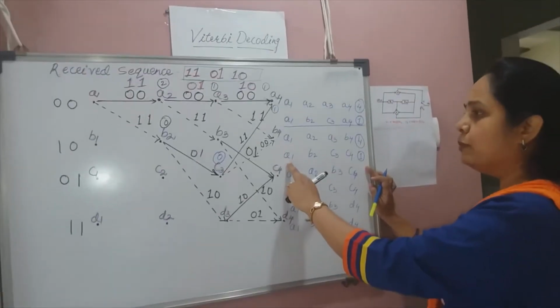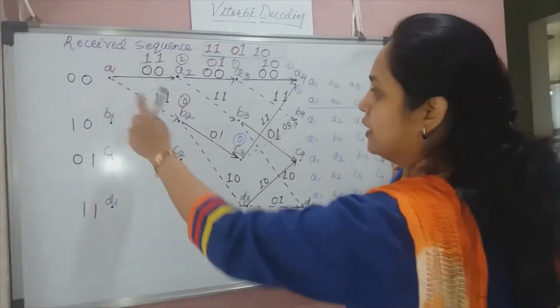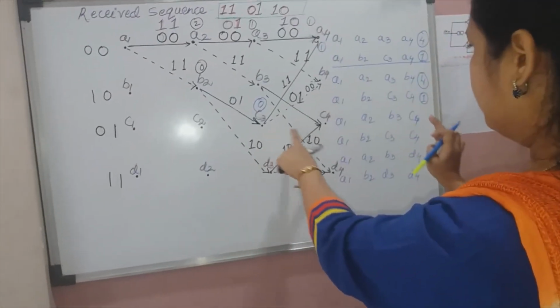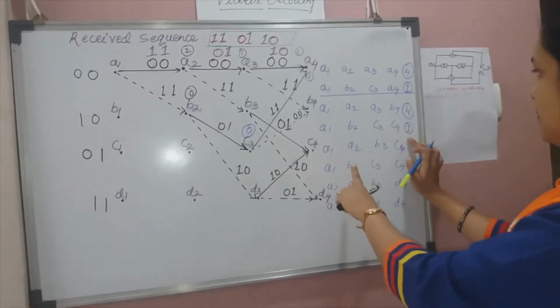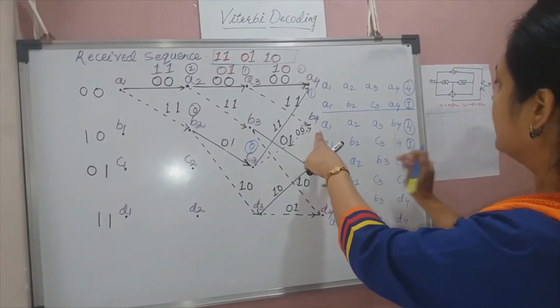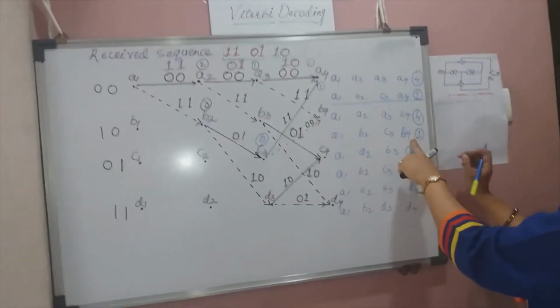For example, if we see that the second row has the weight of 1, let's check the weight of the fourth path once again, A1, B2, C3 and C4. Sorry, here we have to write B4. A1, B2, C3, B4.